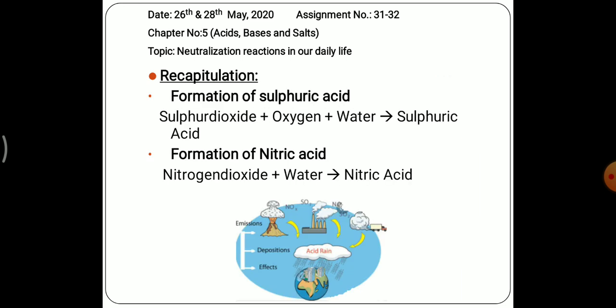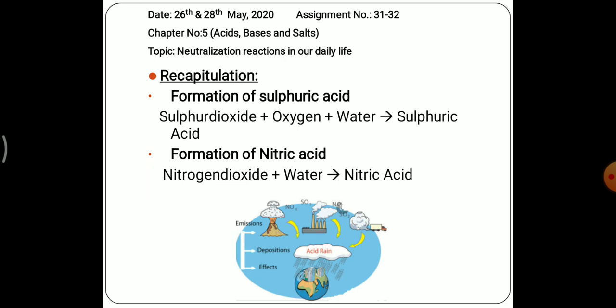Then yesterday we studied about acid rain, how acid rain occurs, what its causes are and what its effects are. Do you remember what we mean by acid rain? The rain which contains a higher level of acid than normal is called acid rain. And which gases are responsible for this? Sulfur dioxide and nitrogen dioxide gas, which are released by different activities which humans are doing on earth.